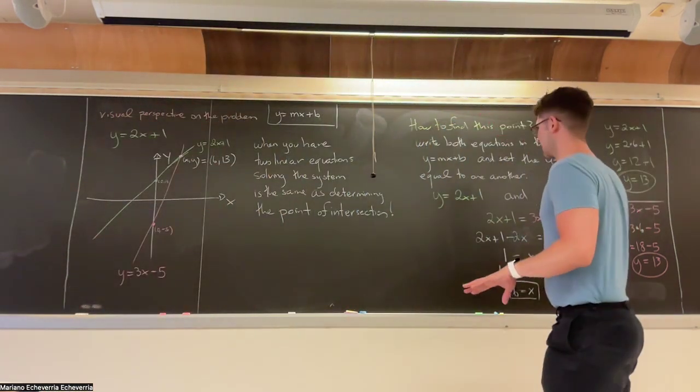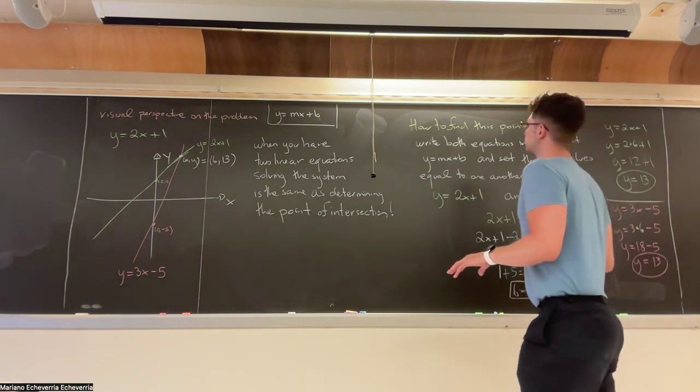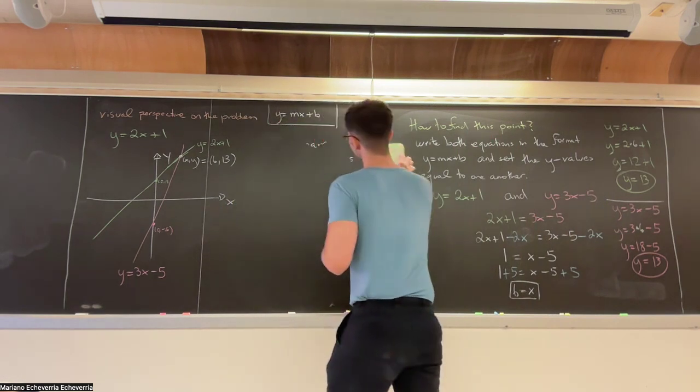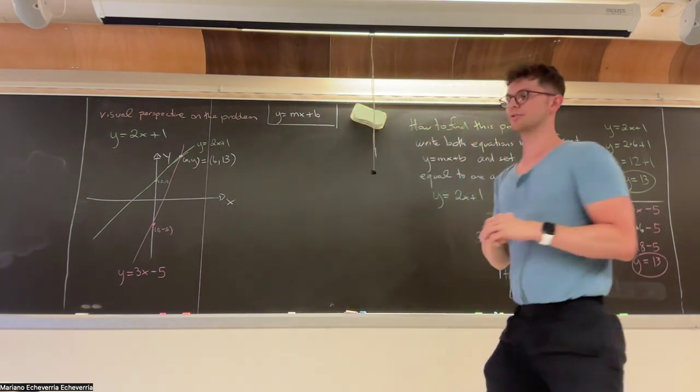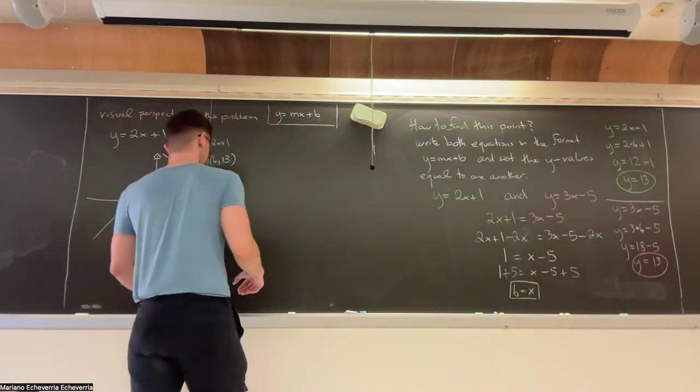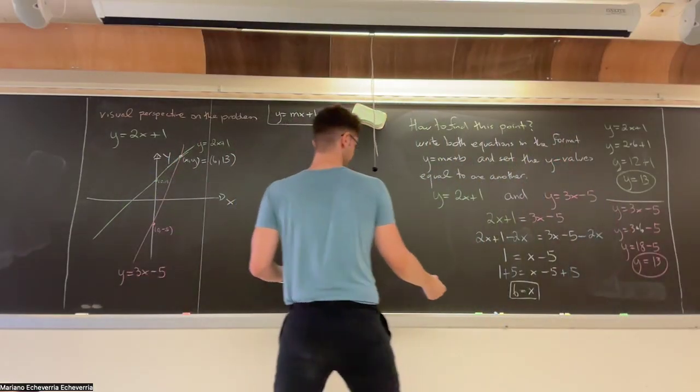So let's put it here. This is what can happen when you have systems of equations. So what are the cases? What are the possibilities?